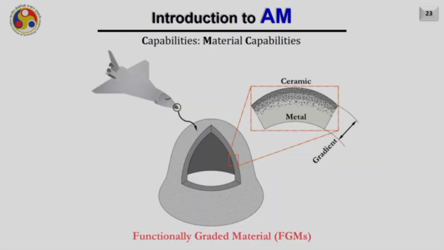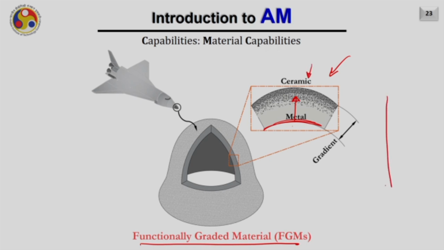Also, like I said about the density based FGM, there is something called material based FGM, or simply functionally graded material, where instead of the density, the material composition can vary from one end to another end. What you are seeing here is a functionally graded material where the inner material is metal, which is changing towards its periphery to ceramic.